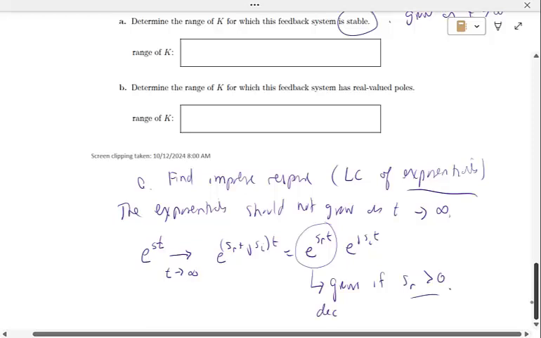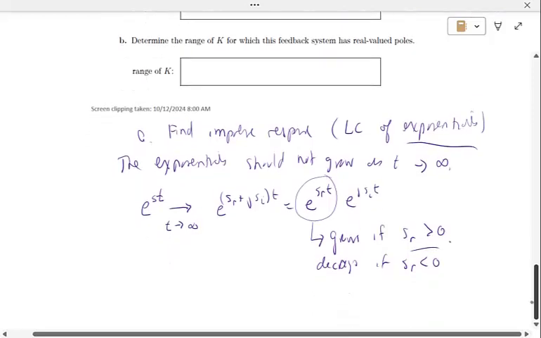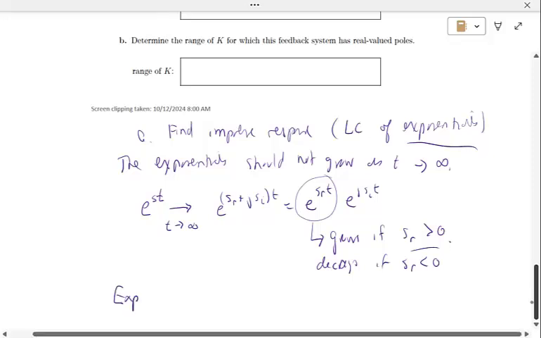So it decays if s_r is less than 0. And it just remains constant if s_r is equal to 0. All right? So what you want to do is make sure that the exponents of the impulse response have real parts that are less than 0.